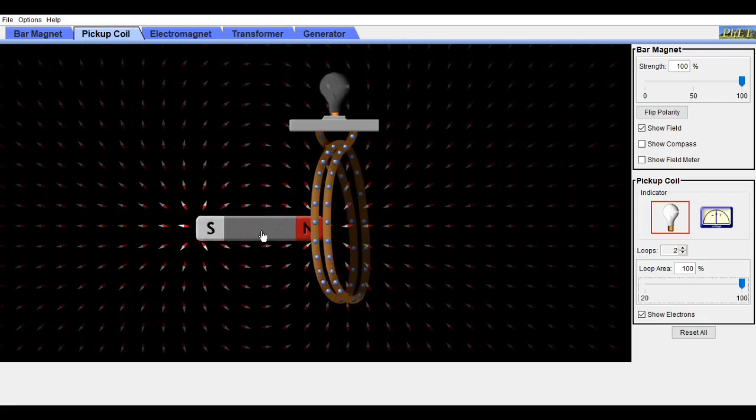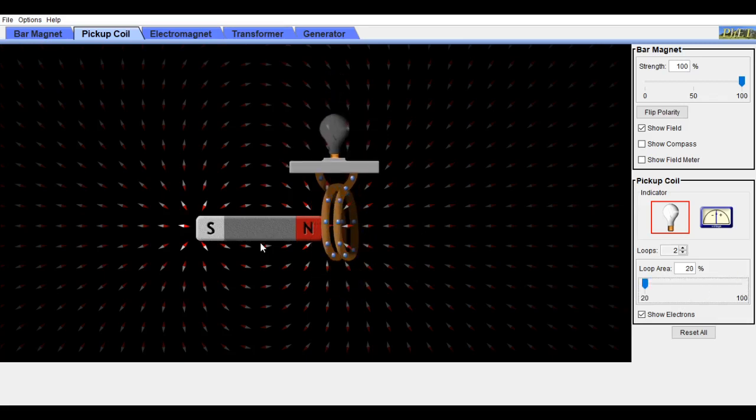What is the reason behind this? In a small area, as you can see, there is a small amount of flux that enters that area.